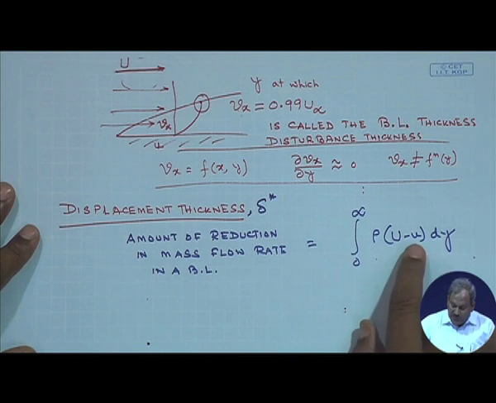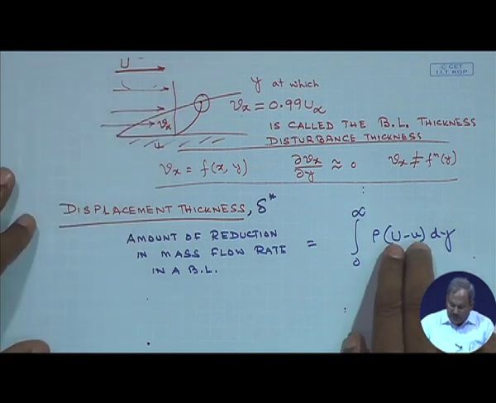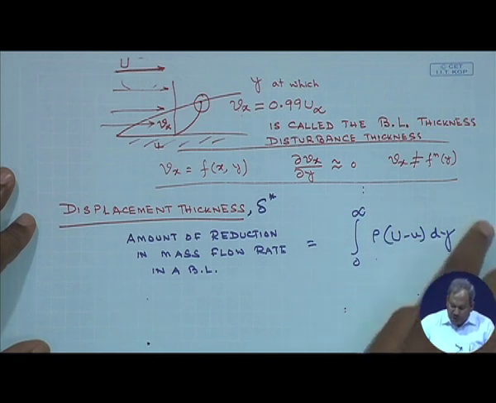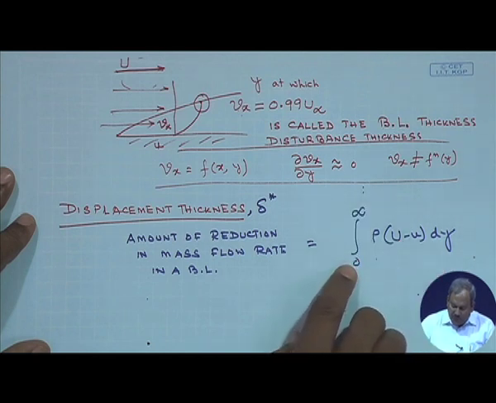Since I have a small u present in this part of the flow, this capital U minus small u denotes the reduction in the mass flow rate as a result of the presence of viscous forces in it.